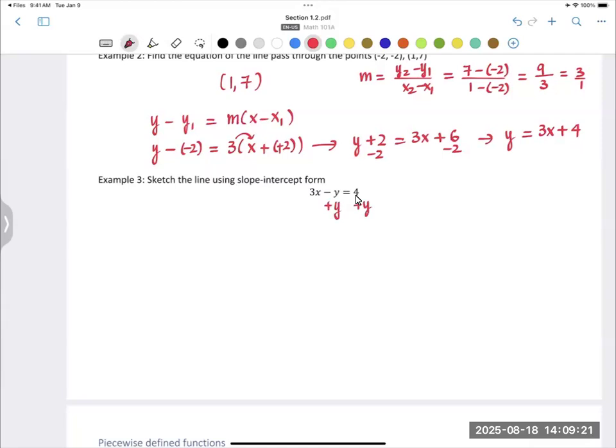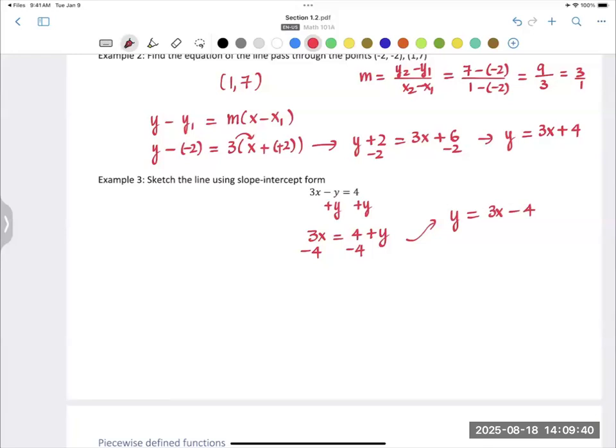Then I have 3x equals 4 plus y. Of course, we want y by itself, so we remove the 4 in front of the y by subtracting 4. Then the equation is y equals 3x minus 4.